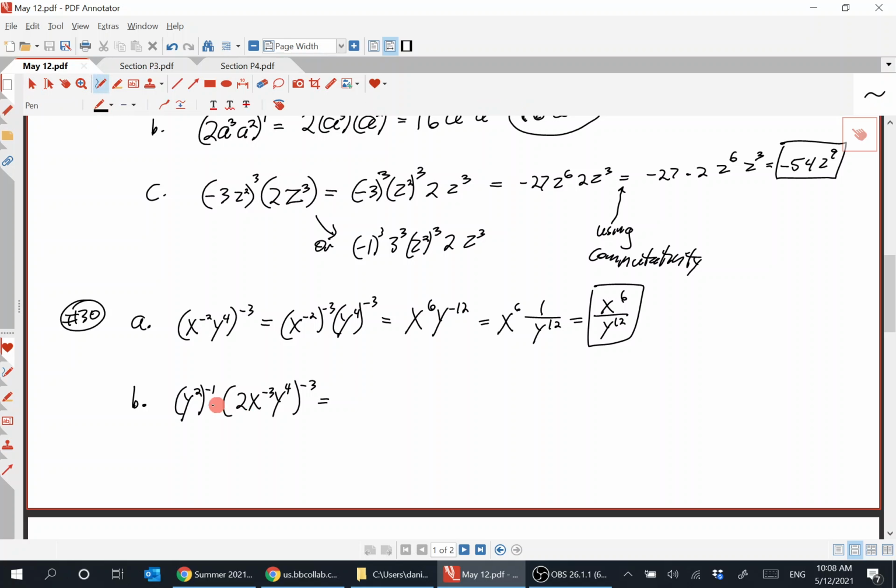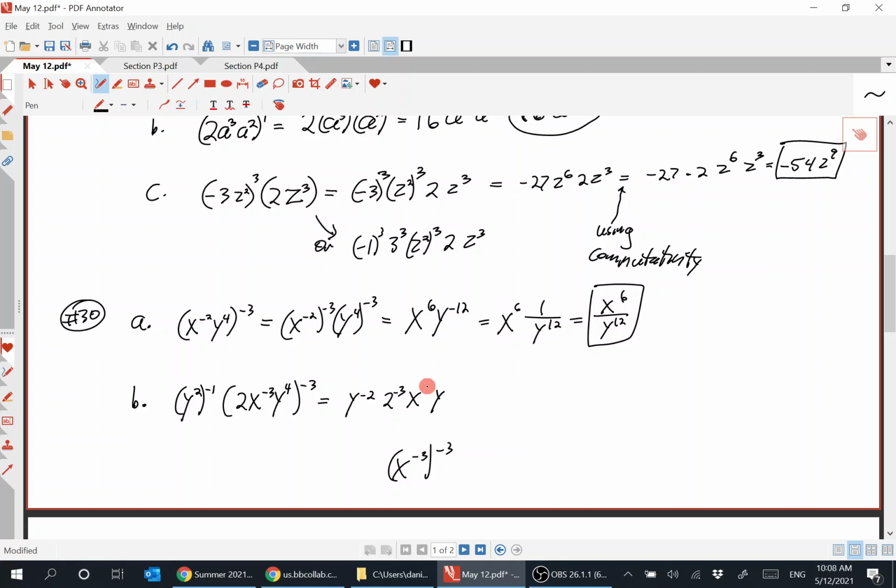All right. So y squared to the negative 1, that's just y to the minus 2. And then we'll distribute through the minus 3, so this becomes 2 to the minus 3. x to what exponent? So let's skip some steps here. It's x to the minus 3 to the minus 3, which just turns out to be x to the 9.